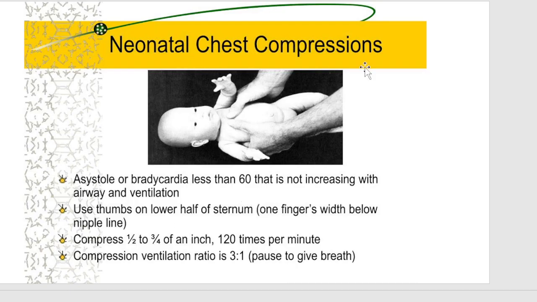When it comes to neonatal chest compressions, I have already mentioned 3 to 1. If we want to give a total of 120 events, it means 90 chest compressions and 30 breaths.